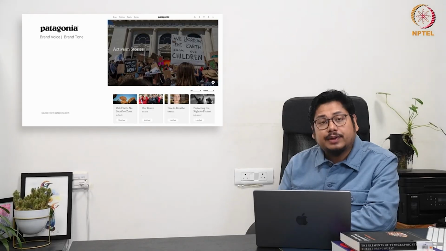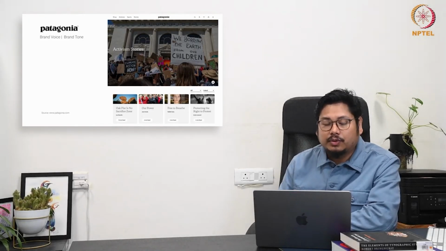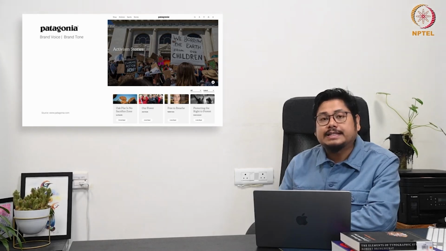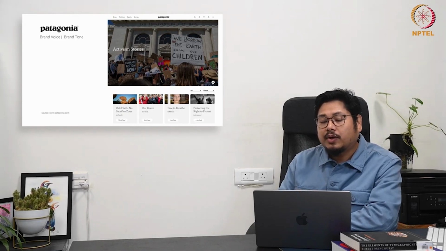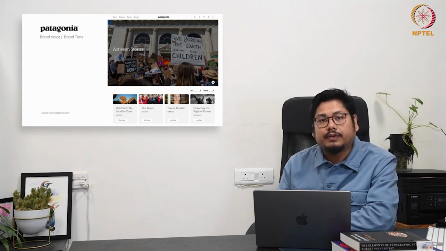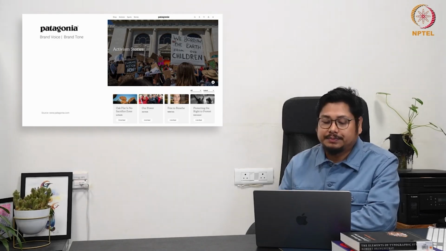And here Patagonia itself is coming and highlighting those things happening all over the world. This is a very interesting take where people themselves feel that they are contributing and are supported by the same manufacturing. It's apparel manufacturing, but the whole idea and vision is totally different compared to the others.